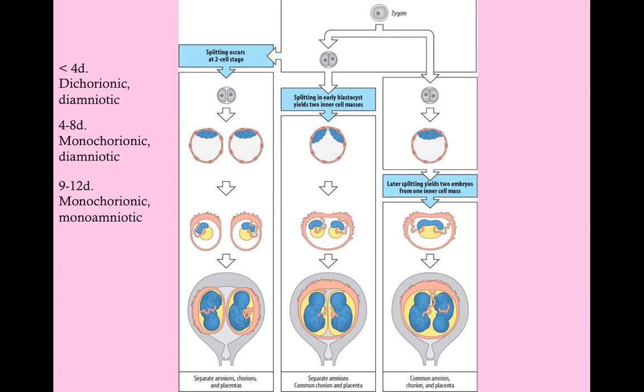So while you have these 2 separate inner cell masses, you only have 1 trophoblastic layer. So you have 1 placenta, but 2 amniotic sacs. So we call that monochorionic, 1 chorion, and 2 amniotic sacs. So this is monochorionic, diamniotic.